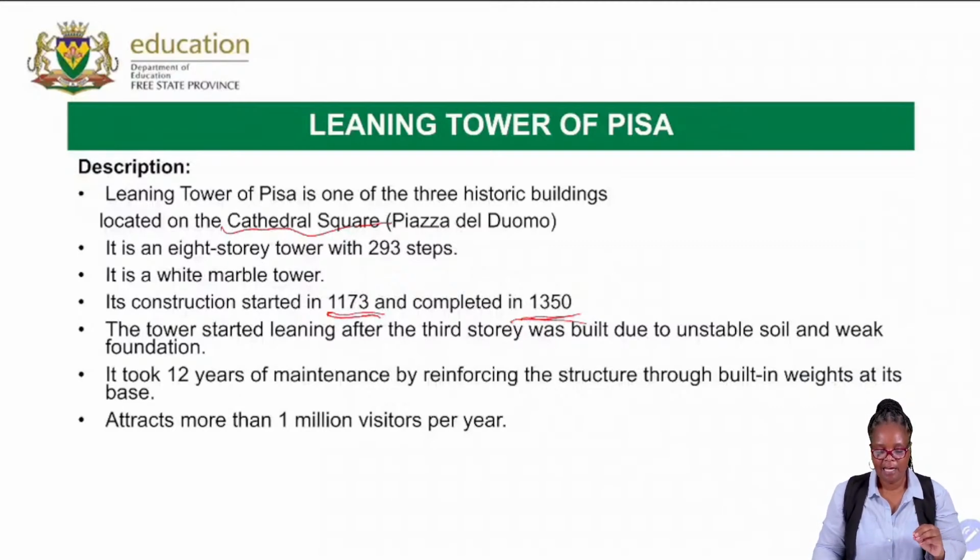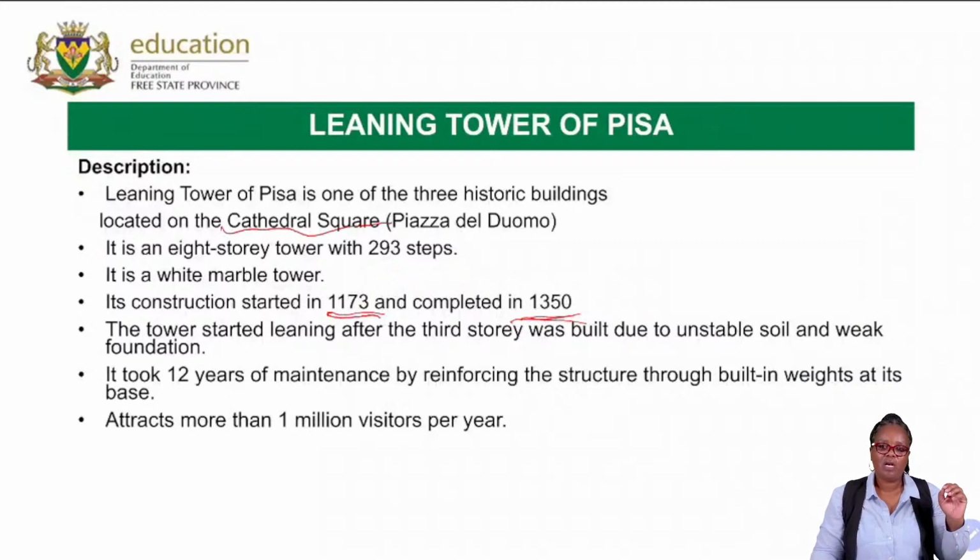They didn't detect that the foundation was weak. When they arrived at the third story, it started to tilt. But it didn't fall. It is just leaning to the side.